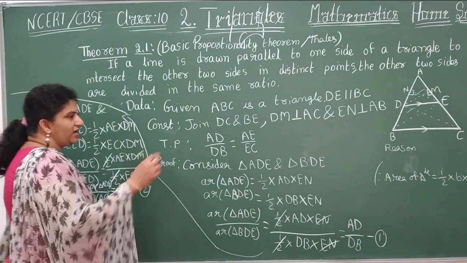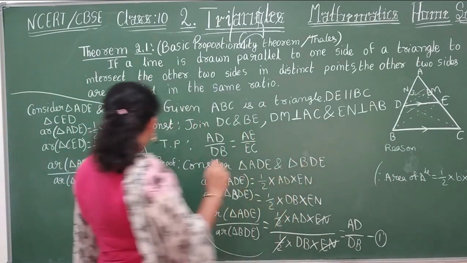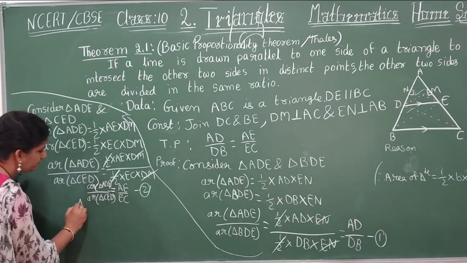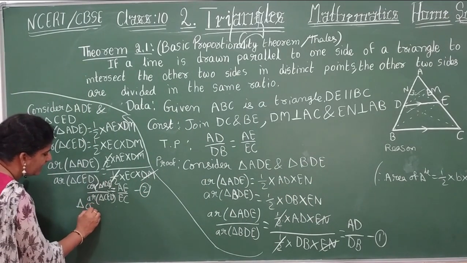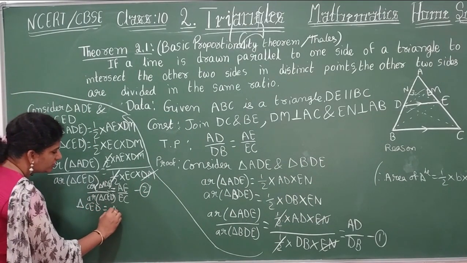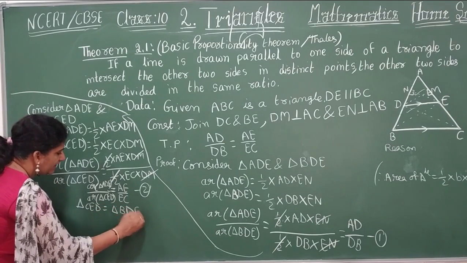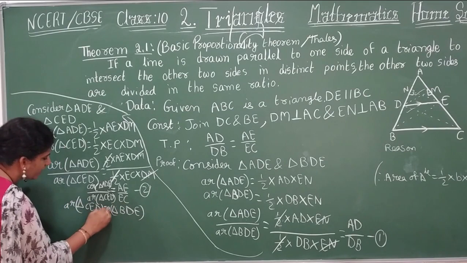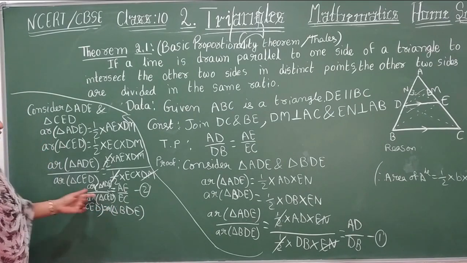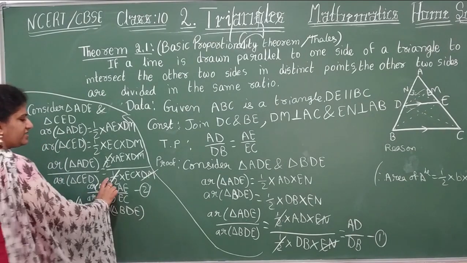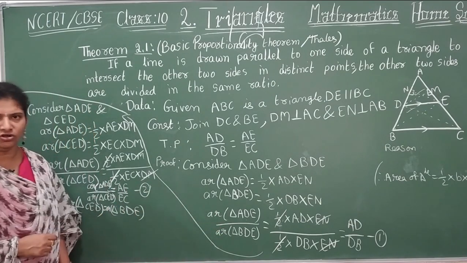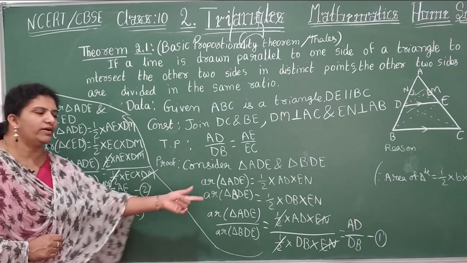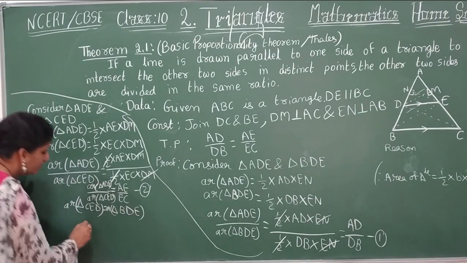I can say here, if you want, you can say here itself: triangle CED is equal to triangle BDE. Area of triangle BDE is equal to area of triangle CED. So if both are equal, what happens? This ratio is equal to this ratio, right? When these two ratios are equal, you can equate these two ratios.